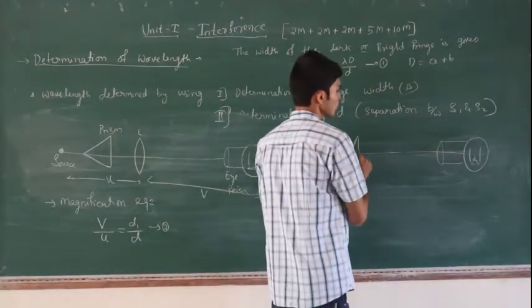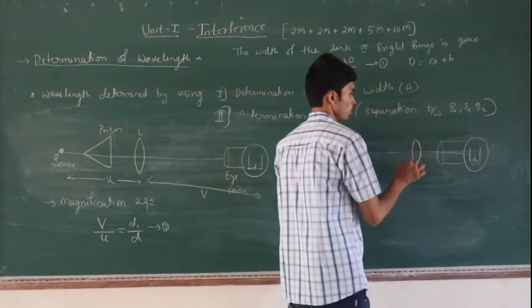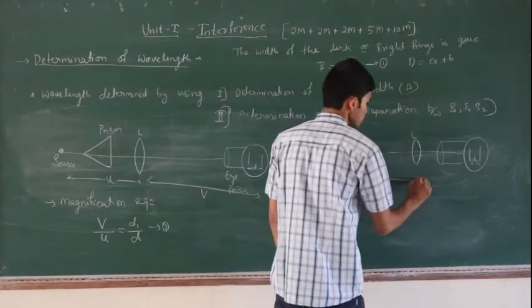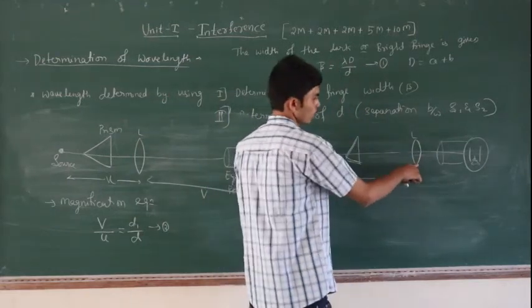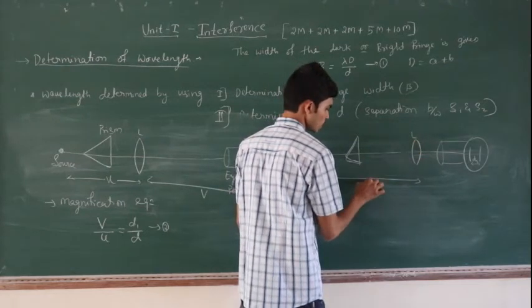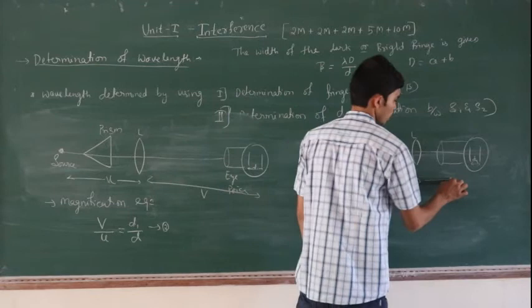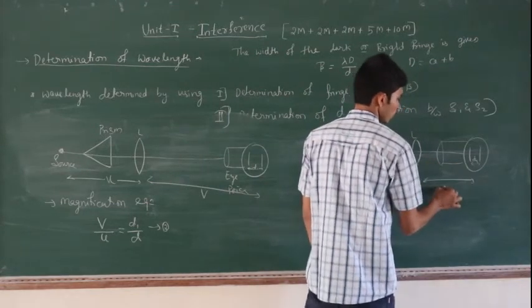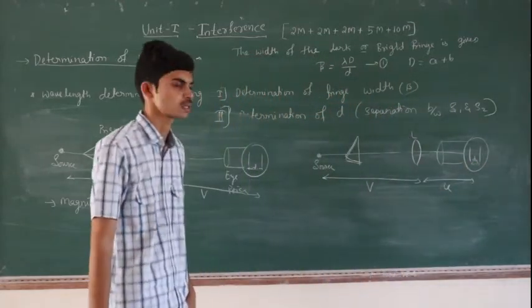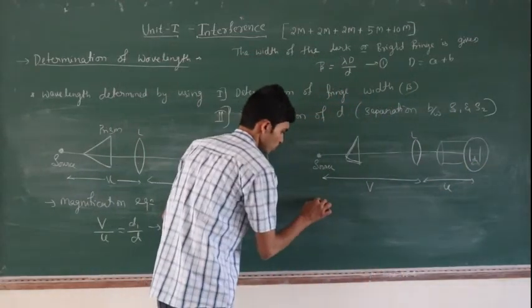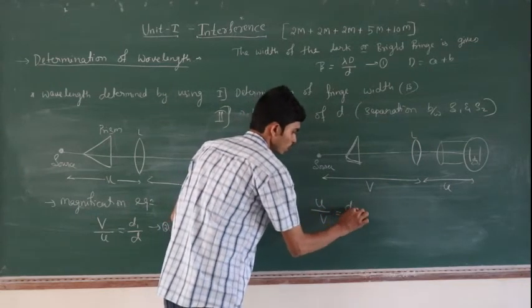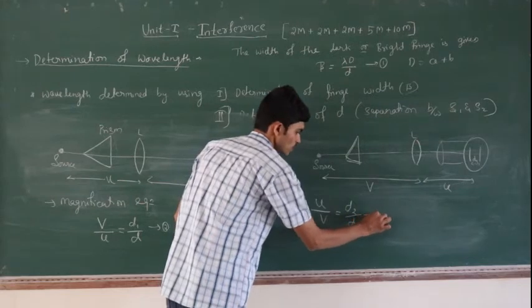This time move that convex lens nearer to the eyepiece. At that time the distance between the source and this convex lens is given by v, and the distance between the lens and the eyepiece is u, and the image formation distance is d2. So the linear magnification equation is u divided by v is equal to d2 divided by d. That is equation number 4.